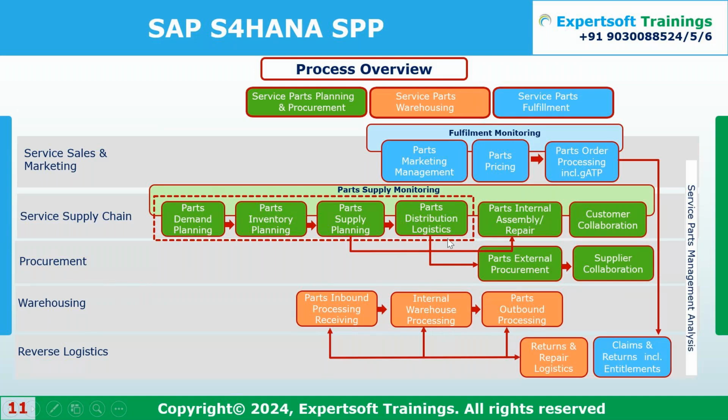And whenever there is a requirement to get products from an external supplier, it will be released to supplier collaboration tools like SNC.